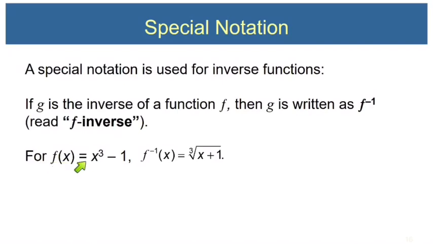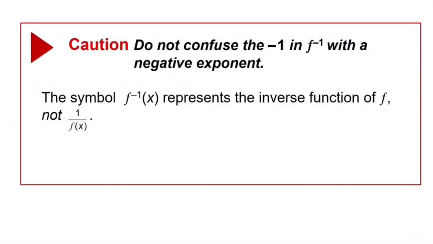So for f of x equals x to the third minus 1, f inverse of x is the cube root of x plus 1. Now here's just another reminder that the negative 1 in this notation is not a negative exponent. The symbol f inverse of x represents the inverse function, not the reciprocal of the f function.